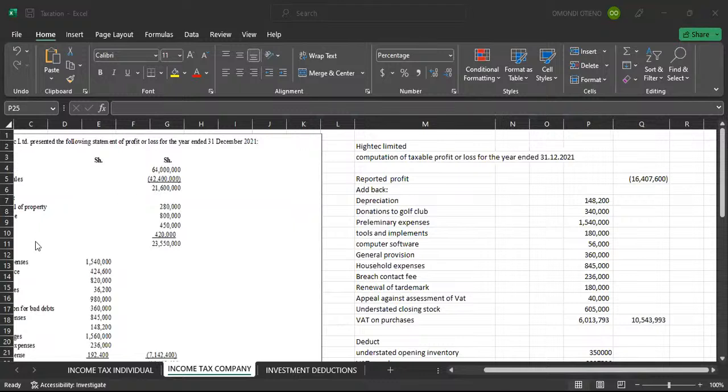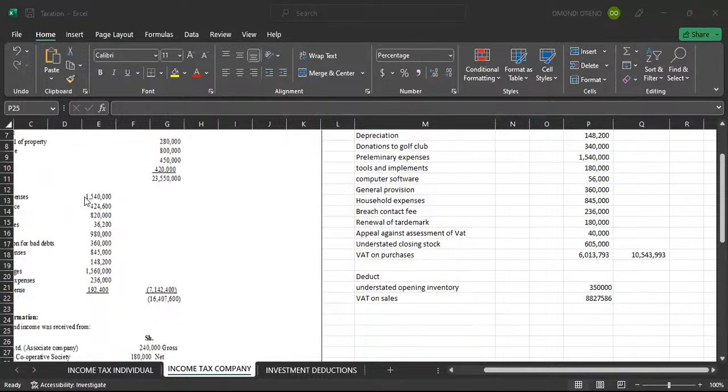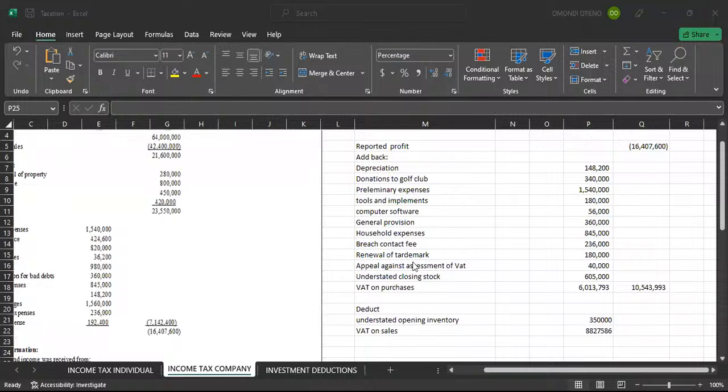When we come to purchases, which is an allowable expense, we find that it is placed there as an expense, so it was reducing our taxable income. To do away with it, we were adding it back. It should not reduce our profits. So for the purchases, we added back because it was placed there as an item which reduces our profit.